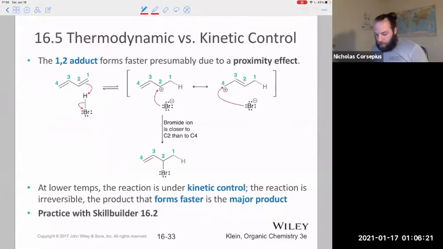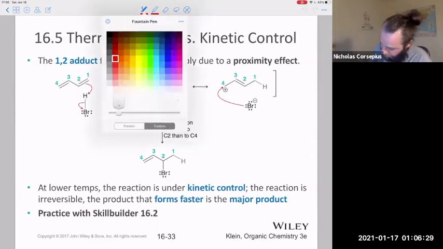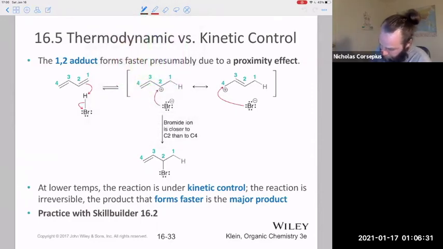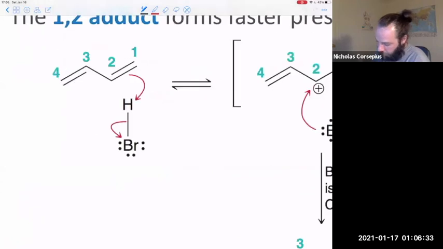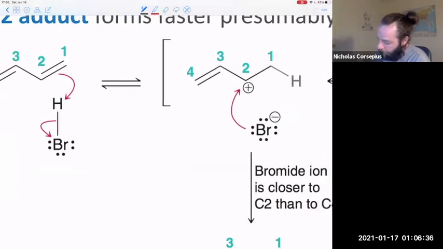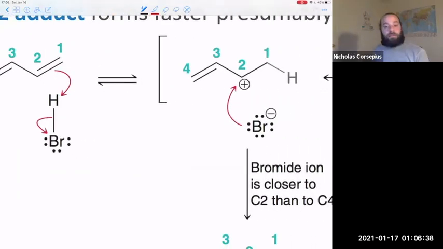And then the 1,2 forms faster. So why is that? Presumably it's due to proximity effects, meaning that when this first step occurs, this hydrogen joins on, and then you have this carbocation that forms. Well, the bromine's sitting right there, directly next to that carbocation.